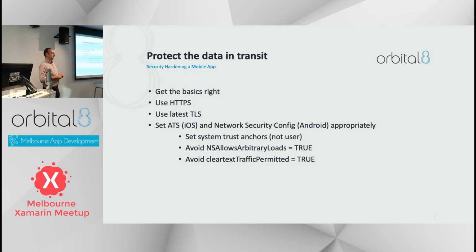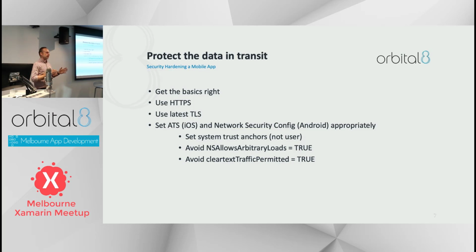In Android, users can also install their own trusted certificate authorities, and they're called the user trust anchors. Unfortunately, it's probably reasonably easy to social engineer someone to install a certificate in the user trust anchors without really understanding what they're doing and the implications of that.